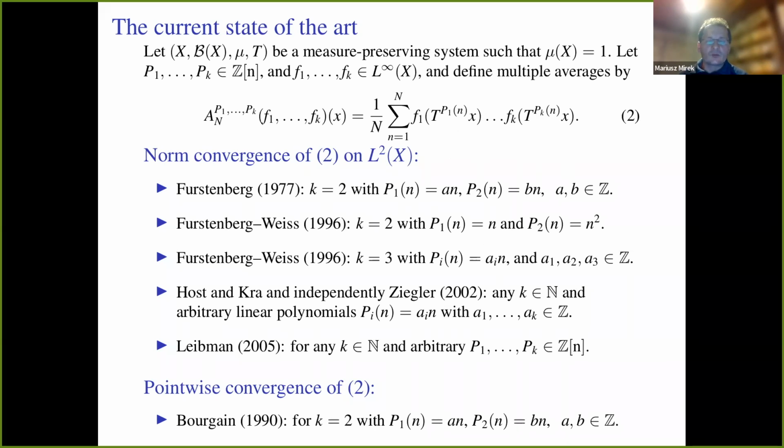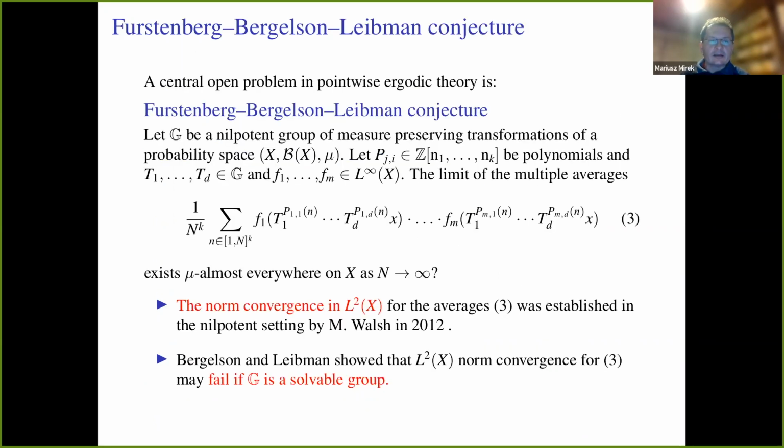And in the 1990s, Bourgain established pointwise convergence for the bilinear averaging operators along linear orbits. Now here is a central open problem in pointwise ergodic theory, the conjecture of Furstenberg-Bergelson-Leibman. If we consider a nilpotent group of measure preserving transformations of a probability space and polynomials with integer coefficients, then we ask about the almost everywhere limit for this kind of averaging operators.